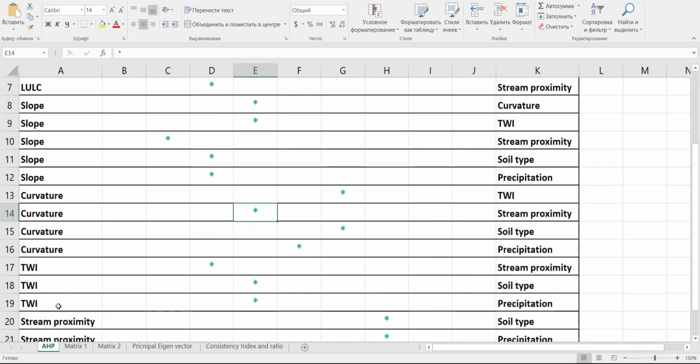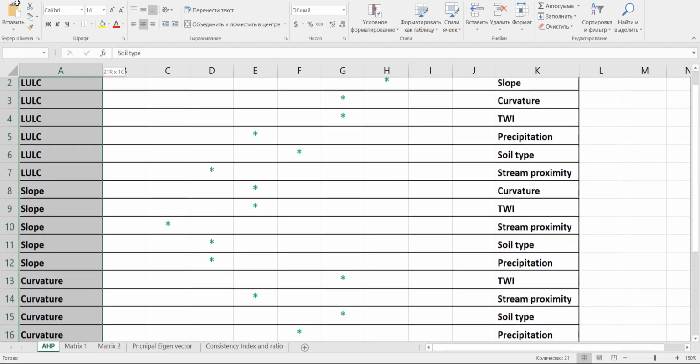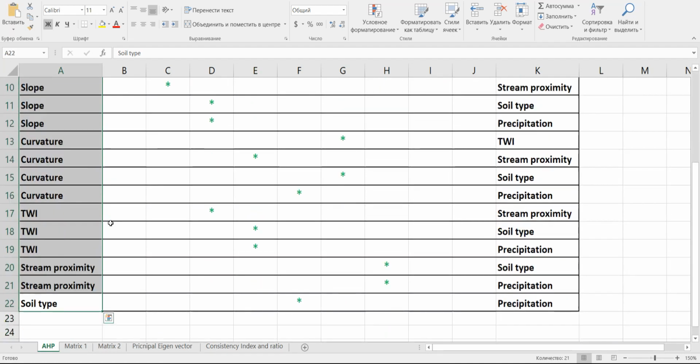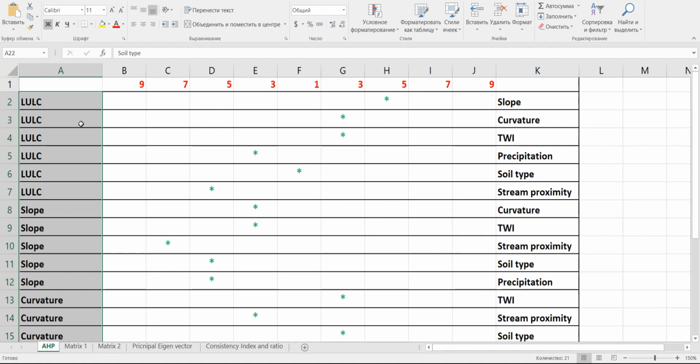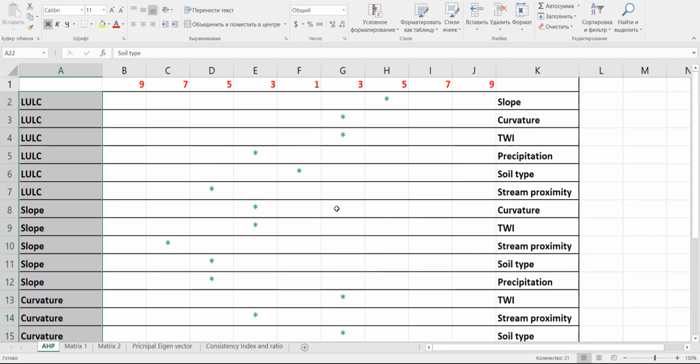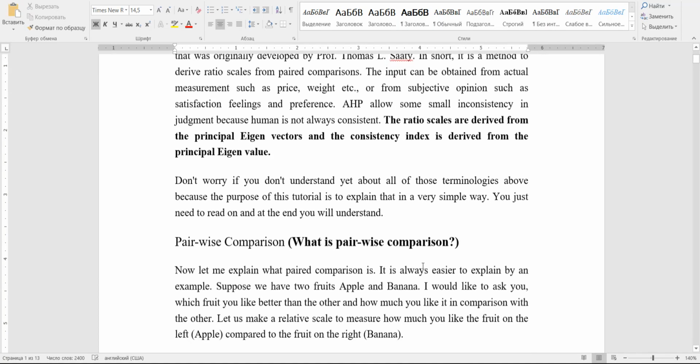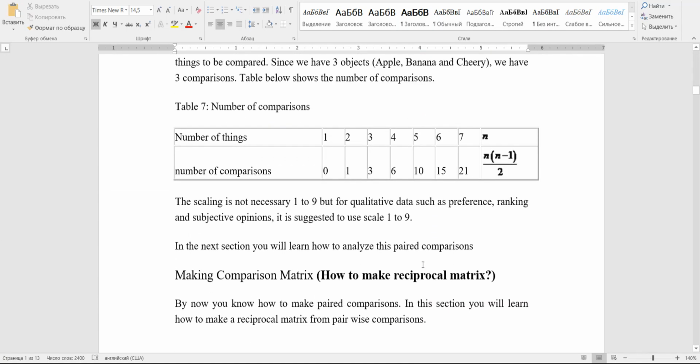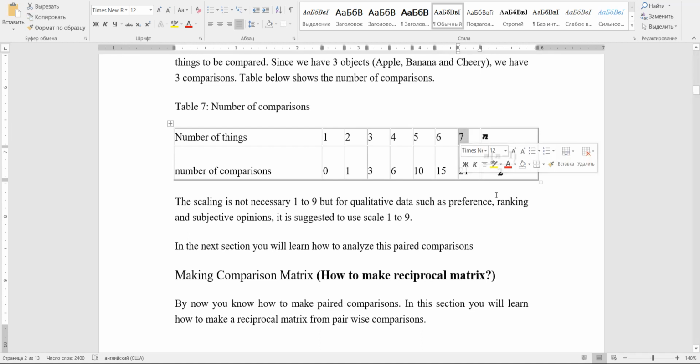You may see here that I have 21 comparisons in general. It depends on the number of layers you're going to use. In my case, I have 7 layers, and therefore, according to the formula you might remember, the number of things, in our case the number of layers, gives the number of comparisons, 21.